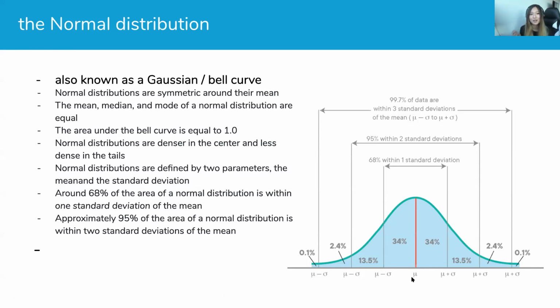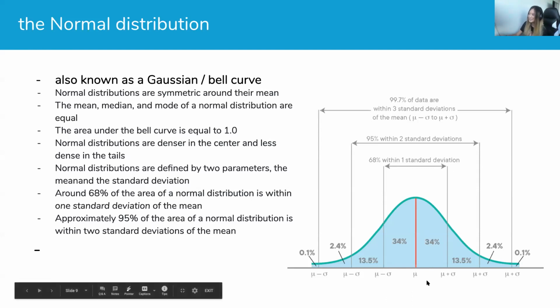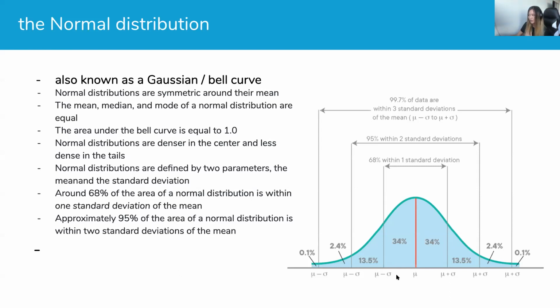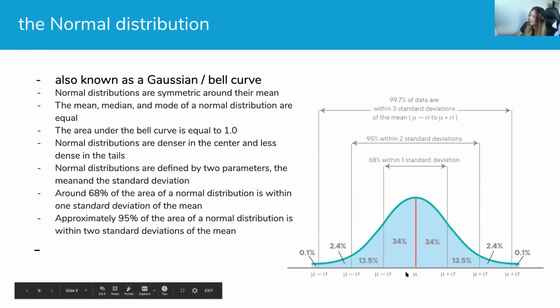Those always come with any normal distribution. Let's say in this normal distribution, the standard deviation is equal to 1. And so if we take the mean plus and minus 1, this whole area is about 68% of the entire area under the curve.